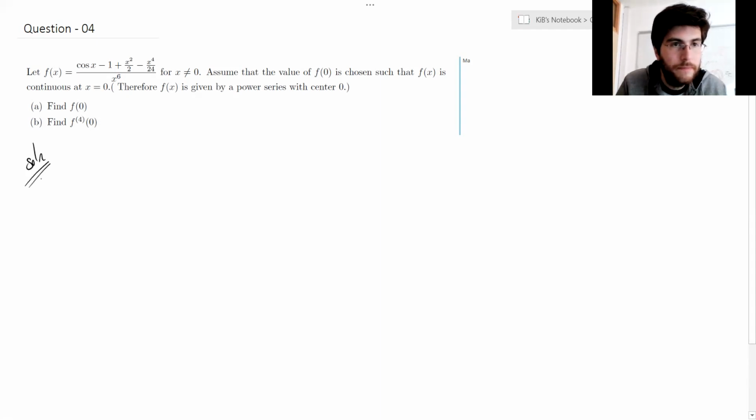Solution. Of course, in the question, because the value is 0, you cannot compute the value at 0. This is not defined at 0, but you can check the limit.